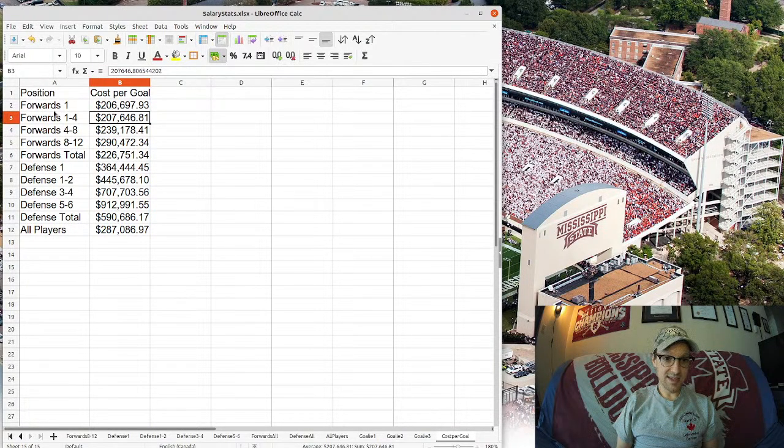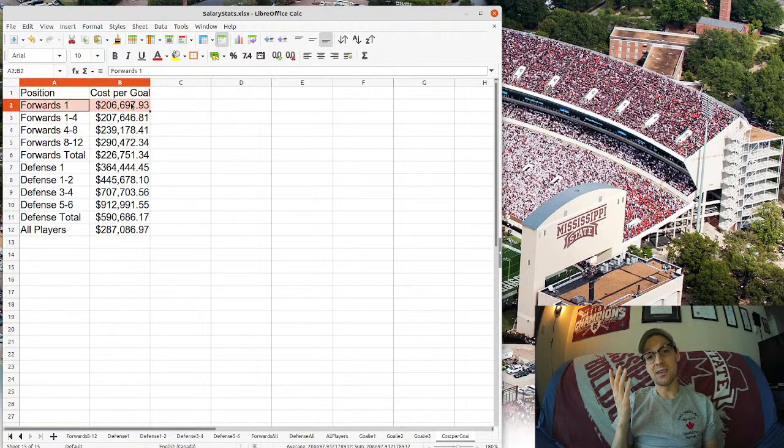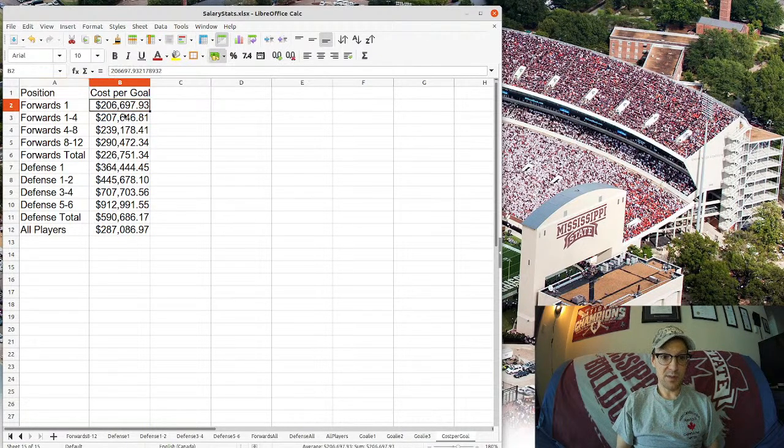As you can see, interestingly, which I had no idea what the results would be, the top forwards, which would have been the top 48 forwards from that 3-year time period, the cost per goal was $206,697.